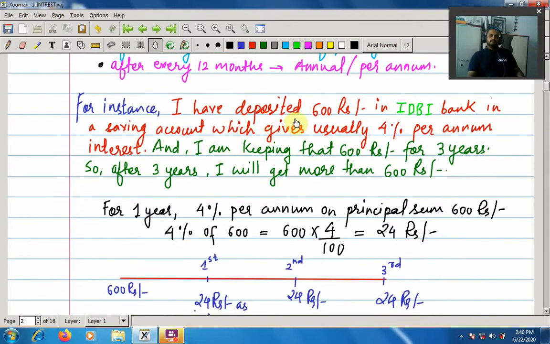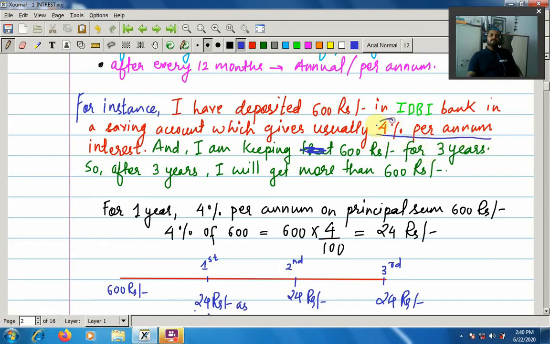For instance, I have deposited 600 rupees in some, say, IDBI bank in a savings account, which usually gives 4% per annum interest. That's a savings account. And I'm keeping 600 rupees for 3 years, and the rate of interest is this.